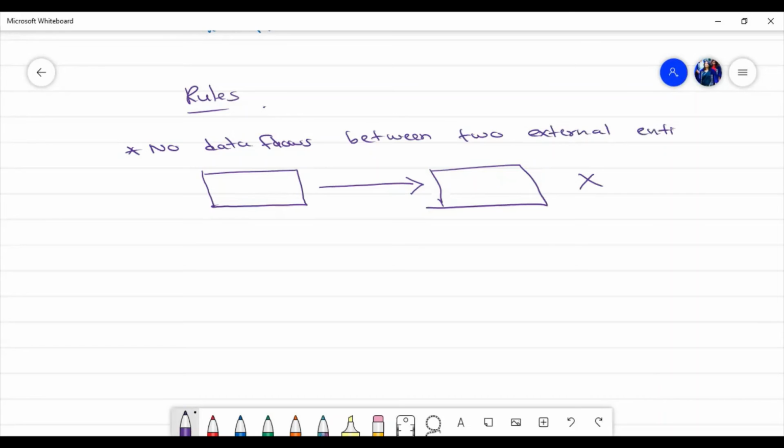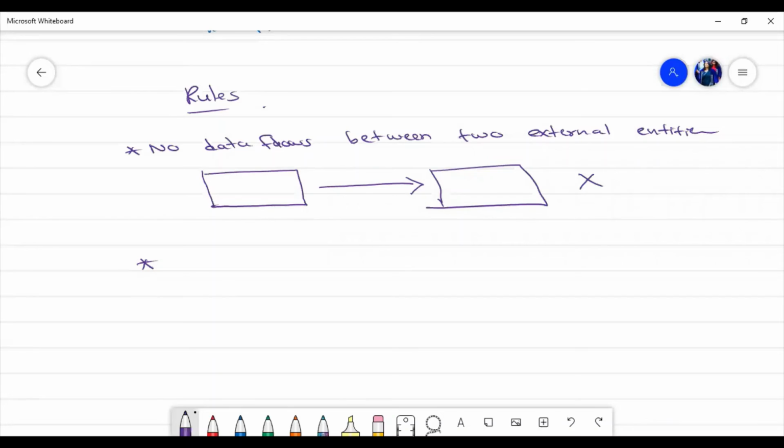If you draw something like this in the DFD, it is wrong. This is a place where most students go wrong: they mention two entities and draw a data flow. It's really wrong.